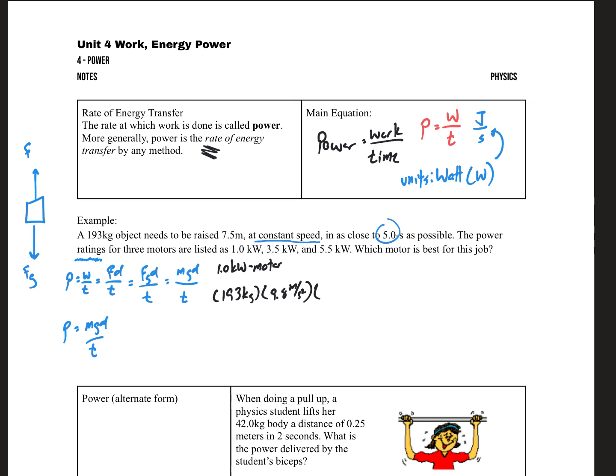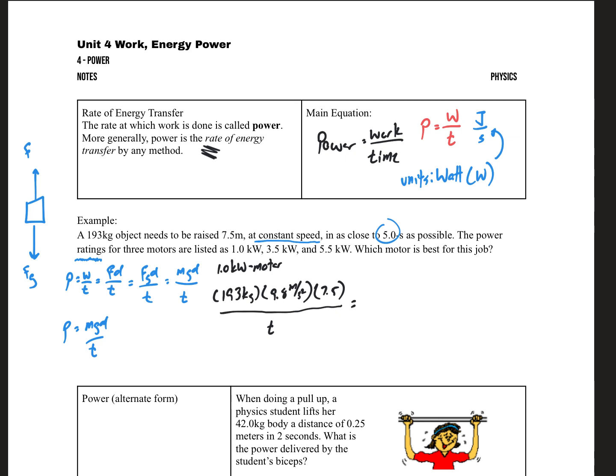The distance, d, is 7.5. And what we're going to do here is we actually don't know what the t value is. We know it has to be done in 5 seconds or as close to it as possible. And each one of these motors will do it at a different rate, hence their different power rating.